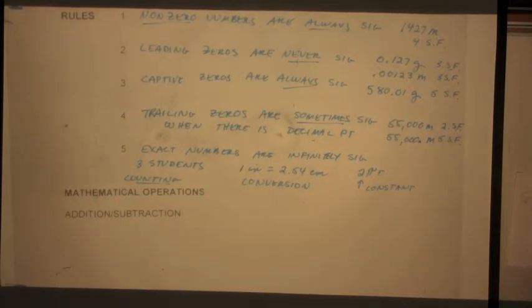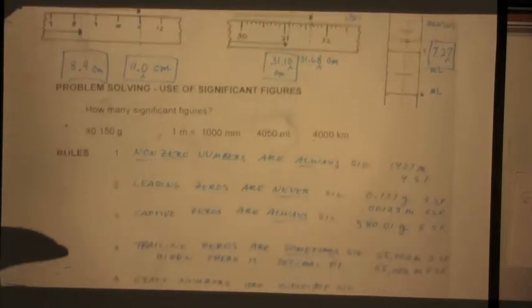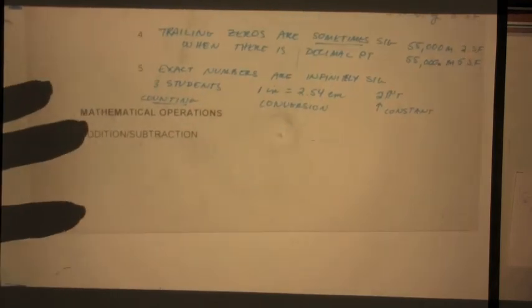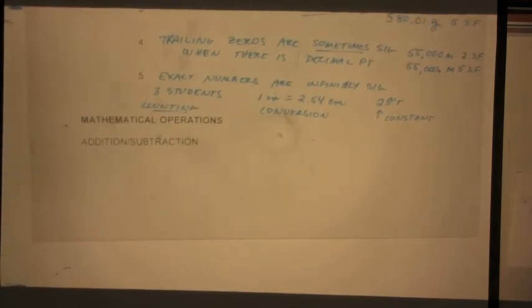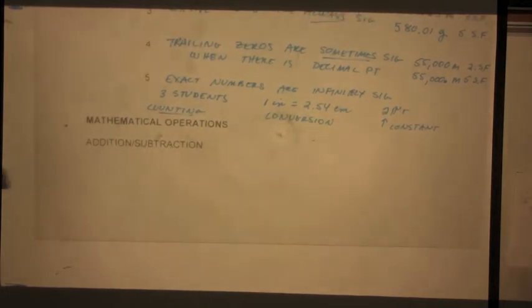All right? So there's the basis of your sig figs. Now, when you're dealing with mathematical operations, the rule is your number cannot get more precise just because you performed a mathematical operation on it.